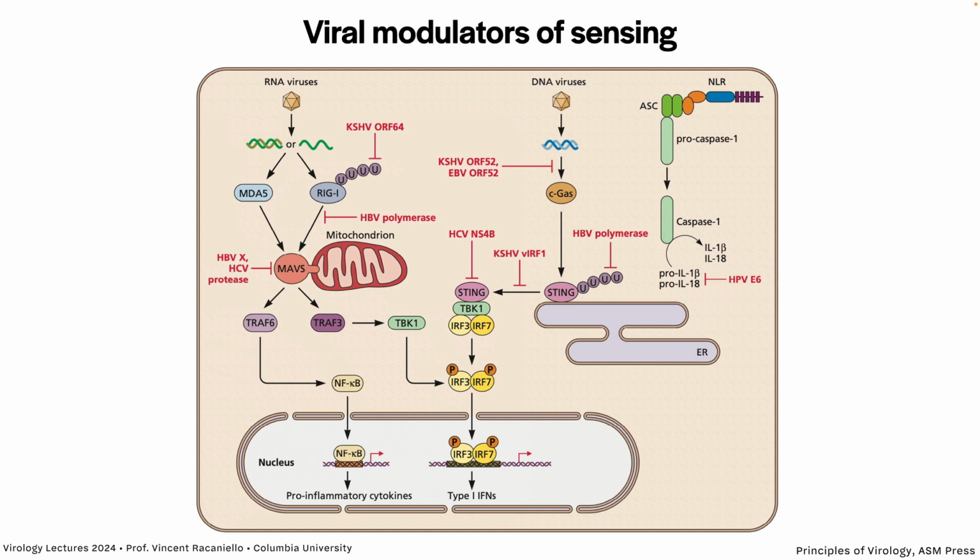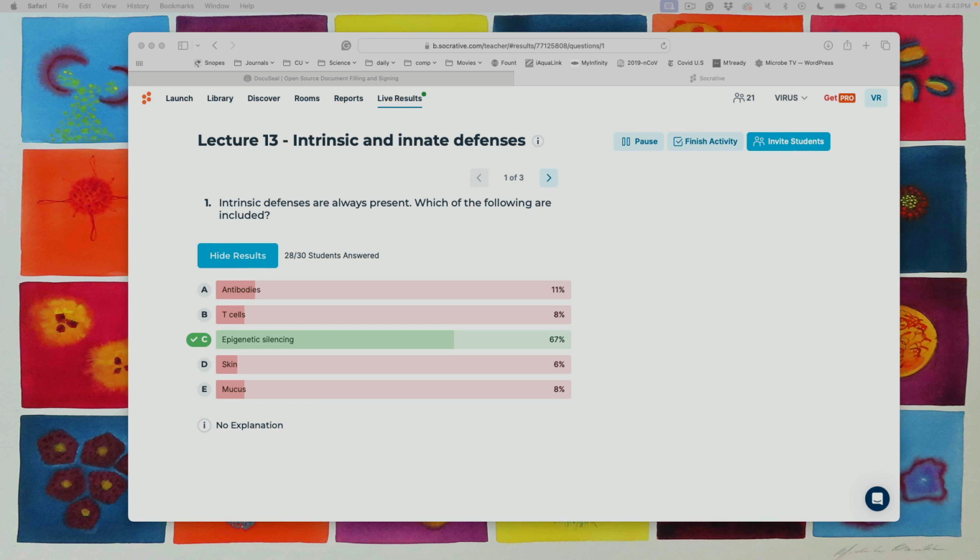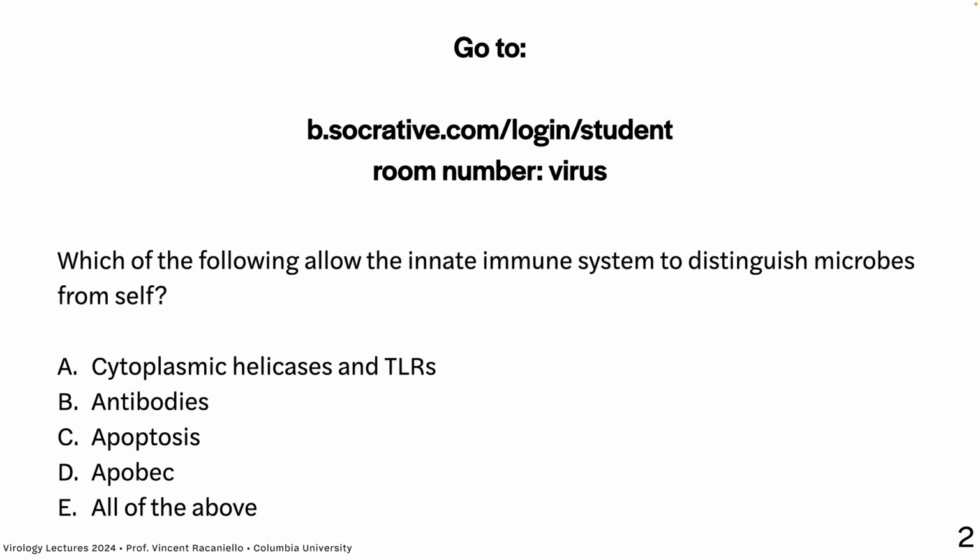And the same goes for sensing of DNA by STING as well. It's interfered with by multiple viral proteins. So you have to have an antagonist for these very powerful sensing procedures. That's a theme. Everything that we talk about, every cellular defense that we talk about, is going to have a viral counter defense.